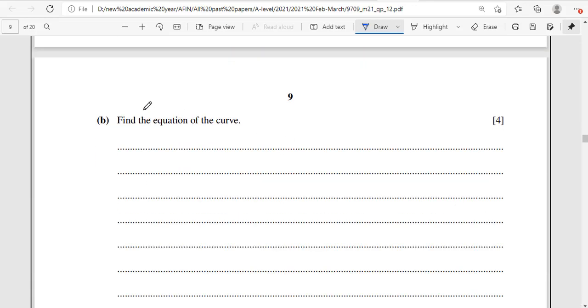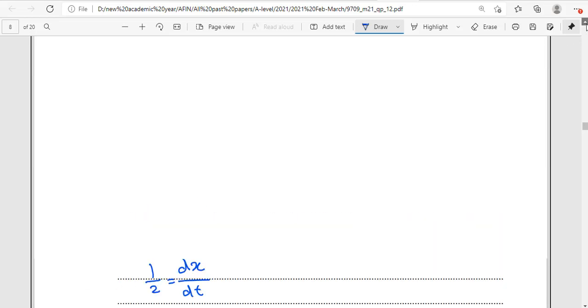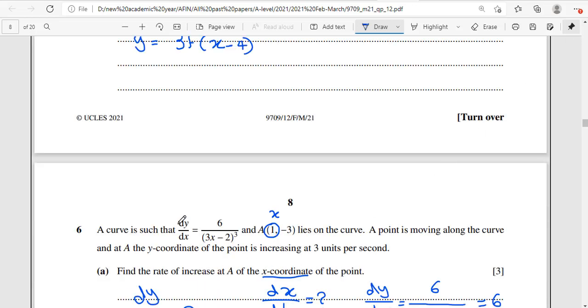Find the equation of the curve. Since the curve is not given, but the derivative of it is given, 6 over (3x minus 2) cubed. This is the derivative. How can we get the actual curve back?